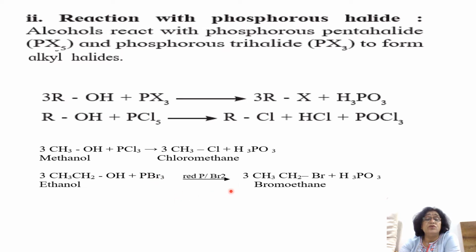It is prepared in situ. The red phosphorus and bromine react to form PBr3 and you get bromoethane plus phosphorous acid. Clear? Then now if it is reacted with PCl5. Okay, so if alcohol is reacted with PCl5, then what happens? You get alkyl chloride plus HCl plus POCl3, phosphoryl trichloride.